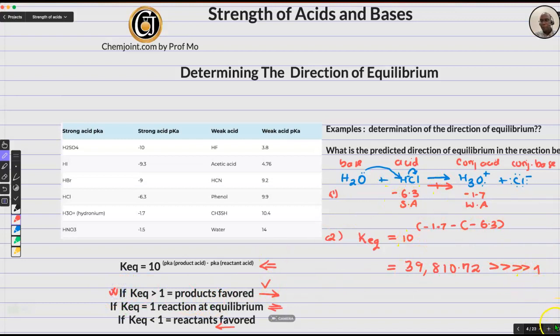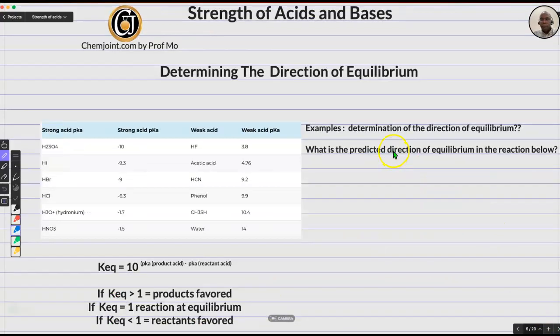Let's do another example. Determination of the direction of equilibrium. What is the predicted direction of equilibrium in the reaction below?